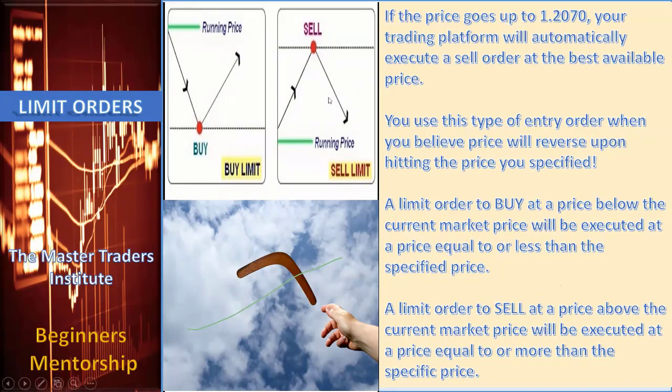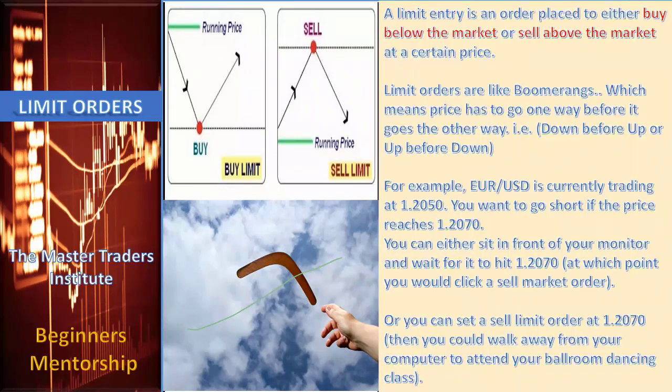Yes, please. Let me see the example that was given here. Let's say you want to sell Euro USD, and the current price of Euro USD is 1.2050, and you want to sell it, but you don't want to sell it until it gets to 1.2070.